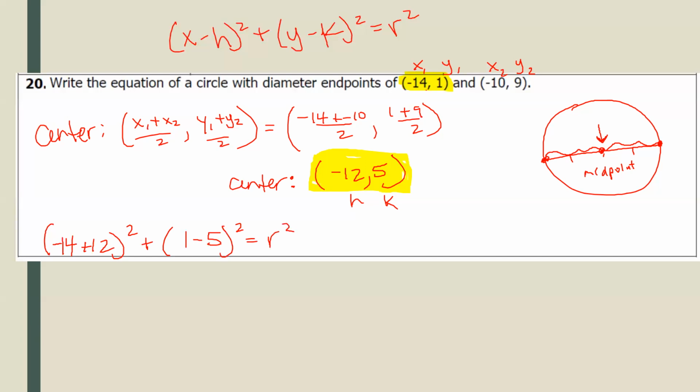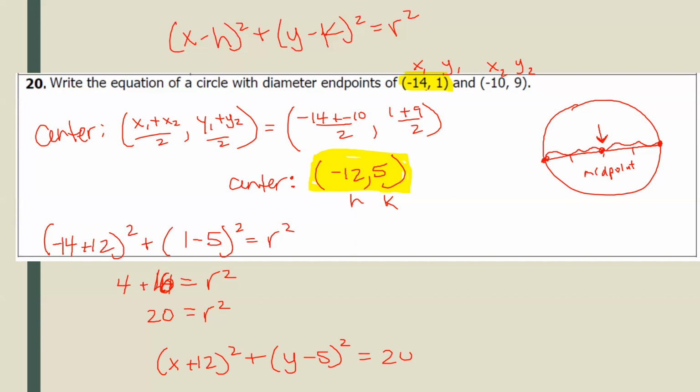Well, negative 14 plus 12 is negative 2, negative 2 squared is 4. 1 minus 5 is negative 4, negative 4 squared is 16. That equals r squared. 4 plus 16 is 20. r squared is 20. All right, so now we can write our final answer. The equation of the circle: x minus h is negative 12 squared, plus y minus k is 5 squared, equals r squared.